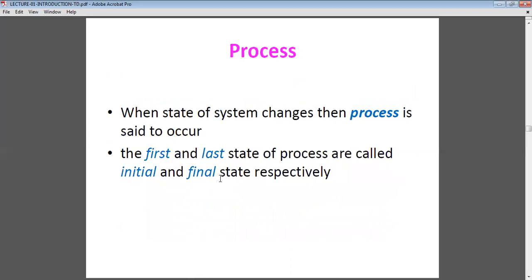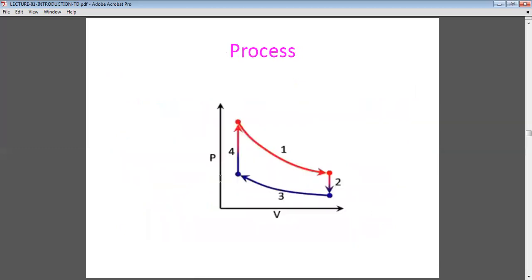Coming to the process, when the state of a system changes from one point to another, from the initial state to the final state, we say that a process is said to occur. The first state is called the initial state and the last state is called the final state. If you draw a PV diagram, this is the initial state. It undergoes a certain process, that means the pressure decreases and the volume increases, so the final state 2 is reached. That means the state is changed from this point to this point.